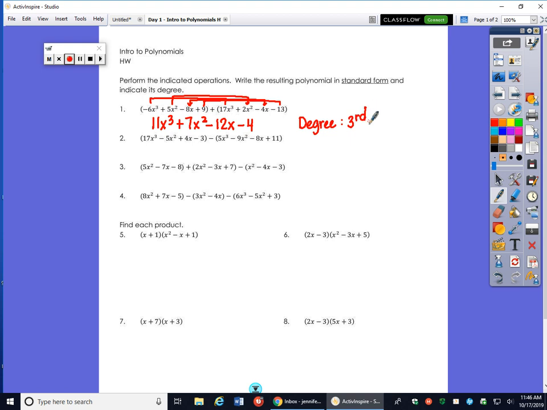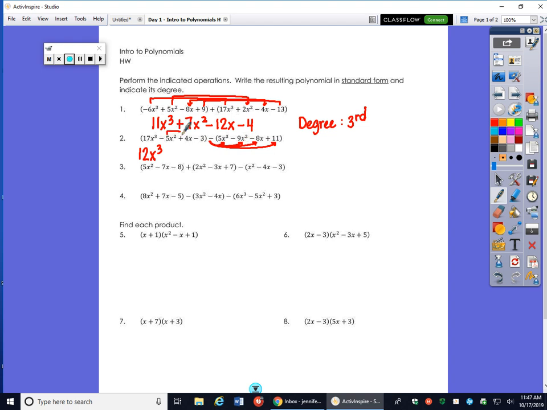exponent. In number 2, we are subtracting, so you have to remember that you are actually going to distribute this negative sign, and it is going to change all of those signs, all 4 of them. So the first one, we have 17x to the third minus 5, so that's going to be 12x to the third. Then we have negative 5x squared, and then a negative 9 becomes a positive 9.